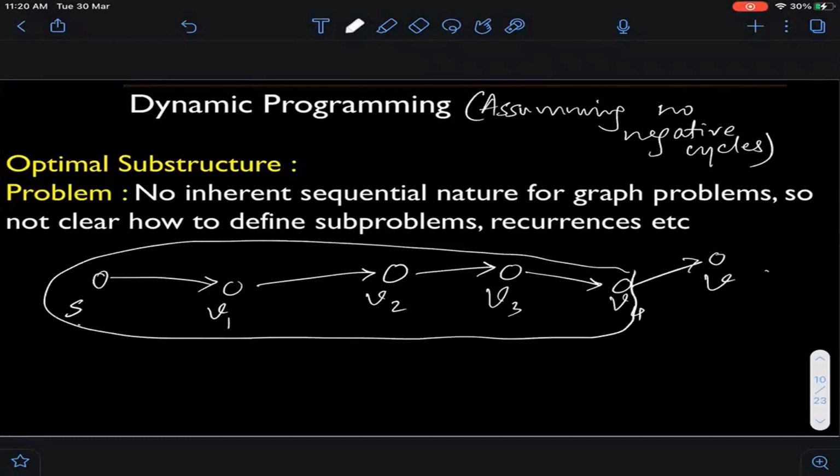Remember, this is an optimal solution to S to V. I am taking all the edges except the last one. Okay, then I wish that this is the shortest path from S to V4.